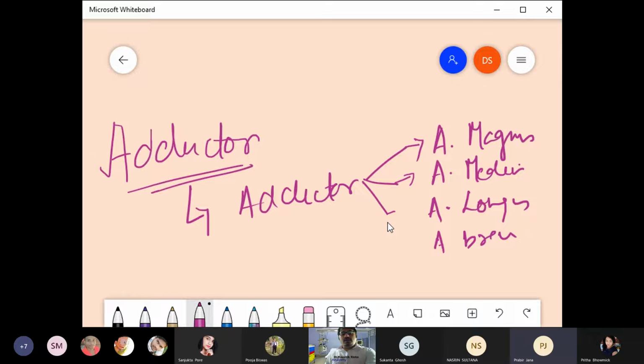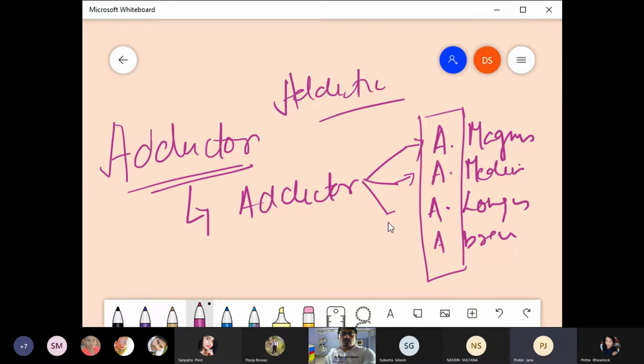All these are principally adductors, right? They all have a common function, that is adduction. So here is an example in the thigh area where multiple individual muscles differing in shape and size, still combinedly work together to produce a single motion, and that single motion is termed adduction.